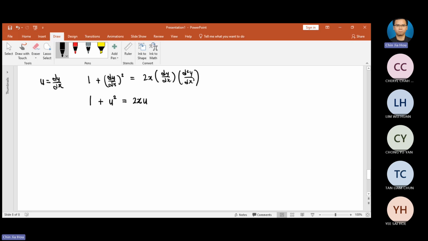Second order. Well, you just need to differentiate u, which is essentially taking dy/dx and differentiating it. So we have du/dx. We can write u prime if you want, or du/dx.